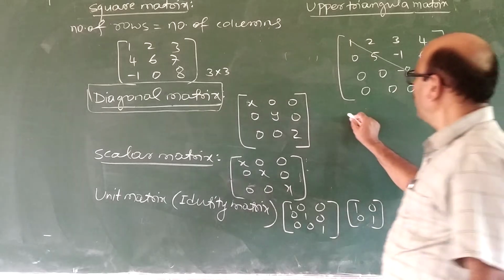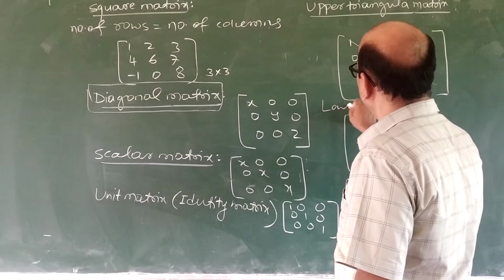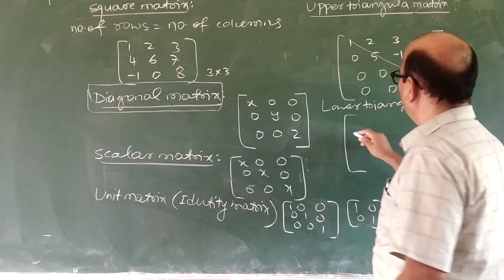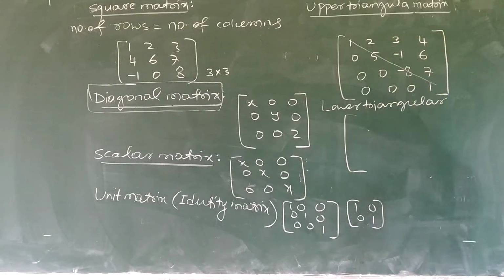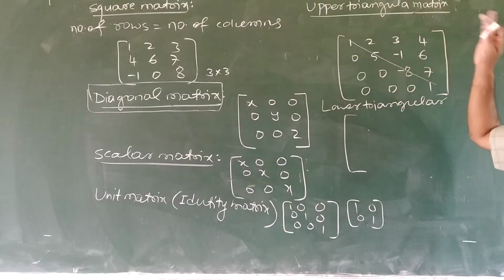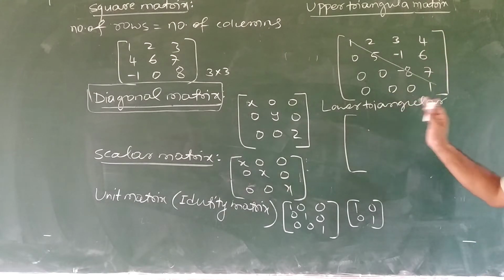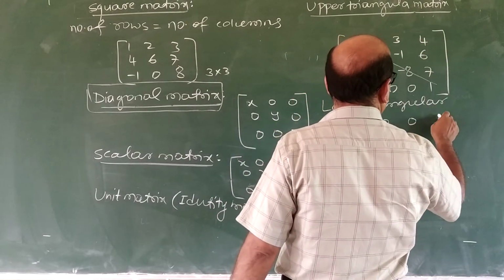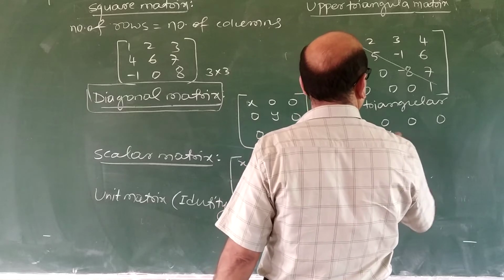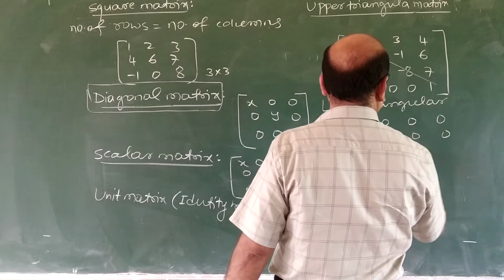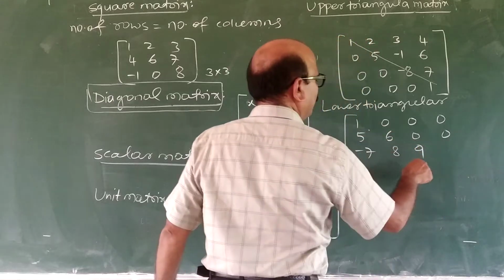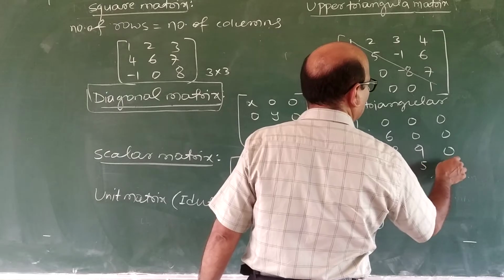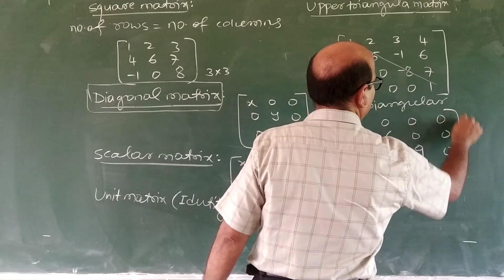Similarly, the lower triangular matrix. Lower triangular means exactly the reverse. All the elements above the principal diagonal are zeros. Example: 1, 0, 0, 0, 5, 6, 0, 0, minus 7, 8, 9, 0, 13, 4, 5, 1.